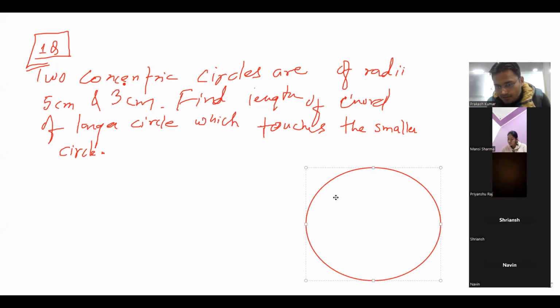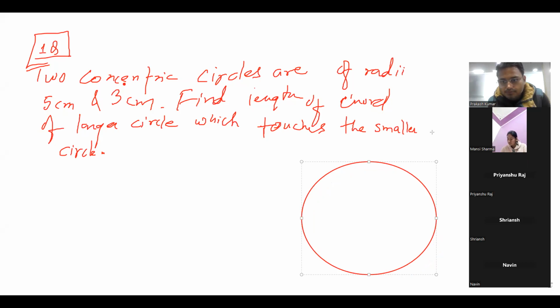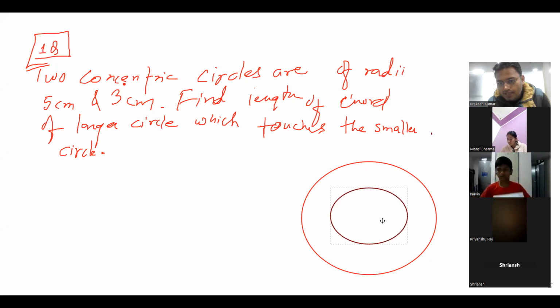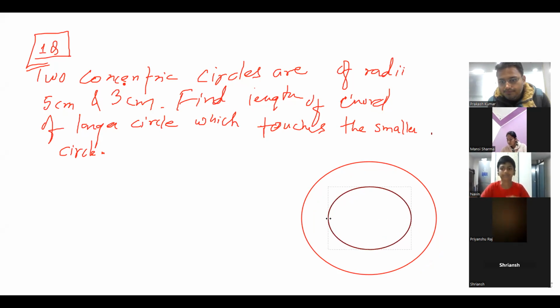Priyanshu, where is your copy? There is one another circle. Priyanshu is not saying anything. Naveen? Already finished, sir. Sir, 8 centimeter.